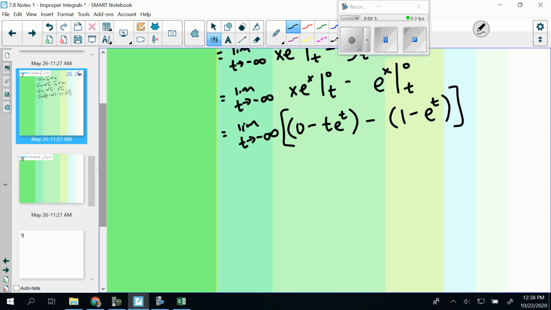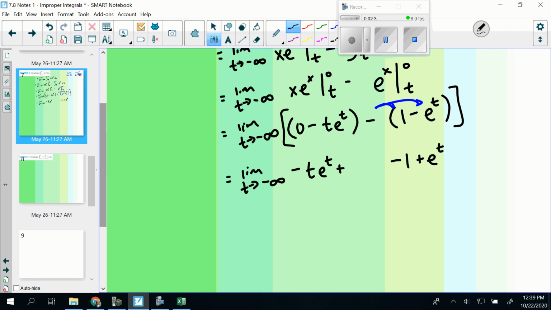I'm going to split this up because it'll be a little easier to see. 0 minus this is just going to be negative t e to the t. And then I'm going to distribute this negative sign, so that's negative 1 plus e to the t.